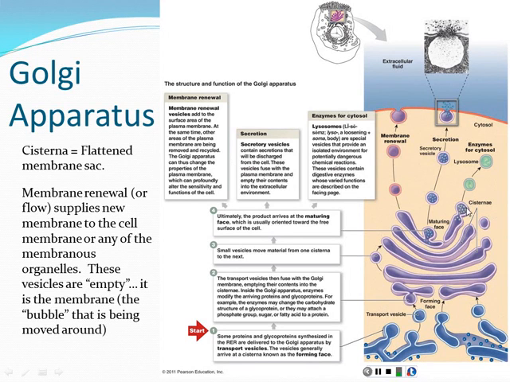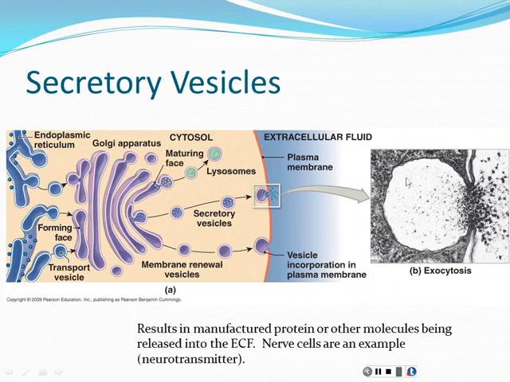Lysosomes are vesicles that have digestive enzymes in them. In other words, enzymes that destroy stuff. So we see those three things. But the primary role of the Golgi apparatus is to finish protein production, to create proteins in their right final shape.